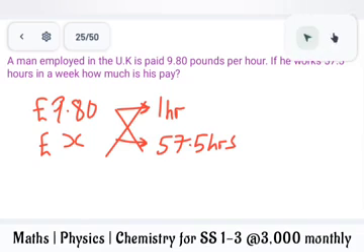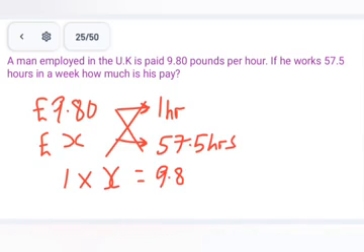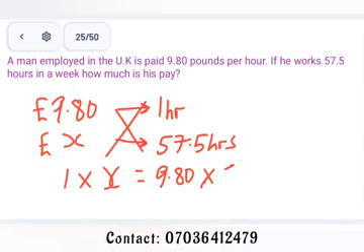That will be 1 times X should be equal to 9.8 times 57.5.